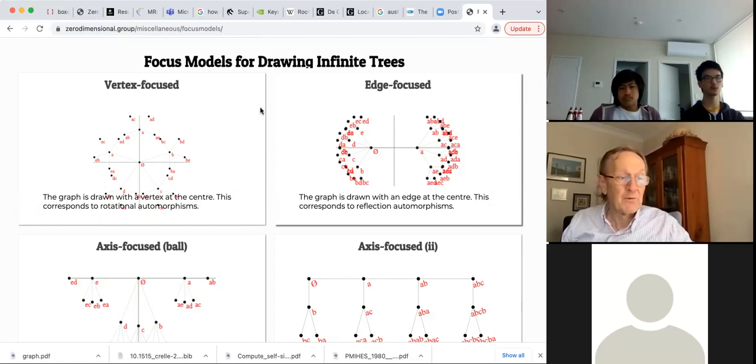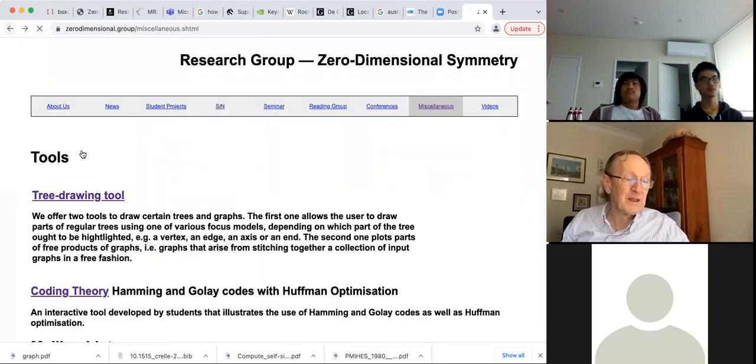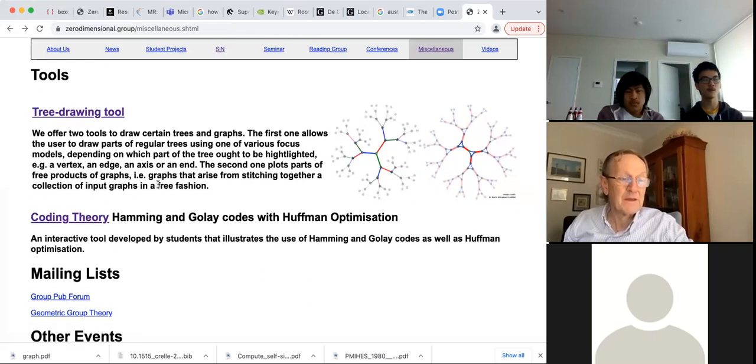And that's what we're heading towards with these models for drawing things. We want to use these to produce pictures to include in publications and talks, but we're really interested in the theory behind it of how do we draw things to show the symmetry.